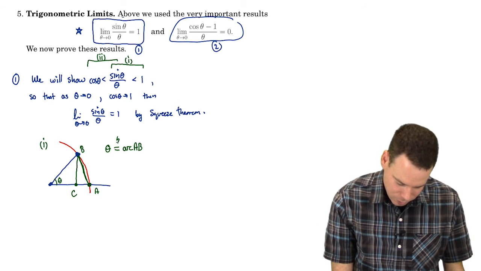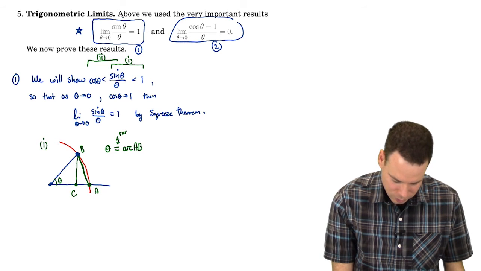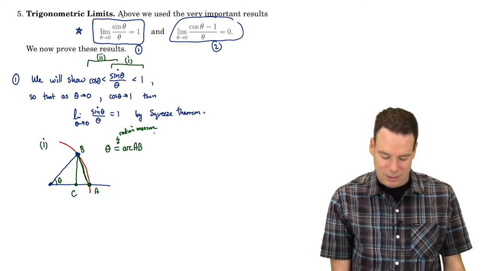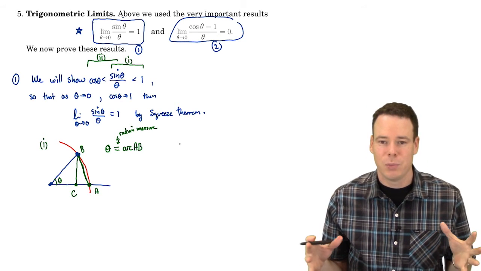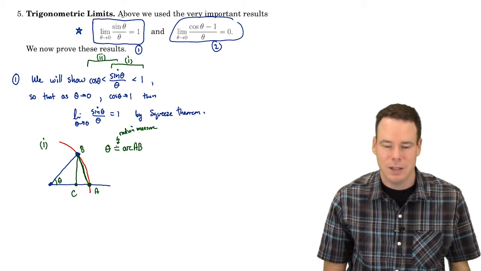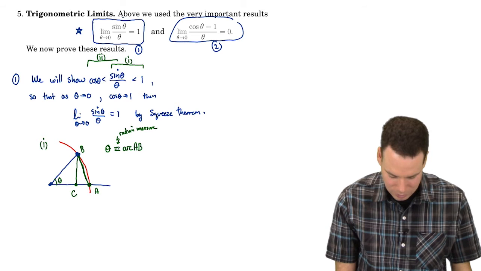This is the important part here about how we're using radian measure. So really this is where it all boils down to. Why do we use radian measure in calculus? Because we want this equality right here to be true.